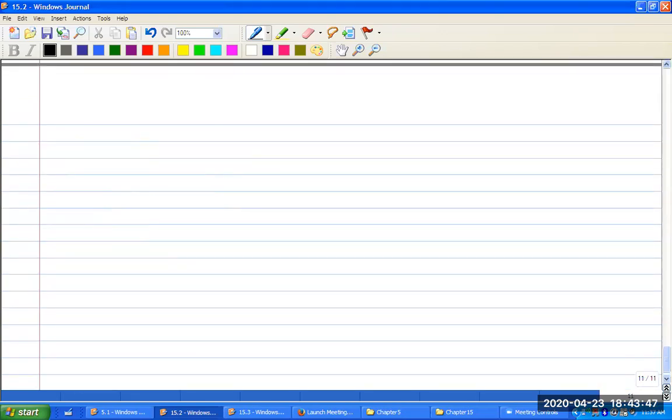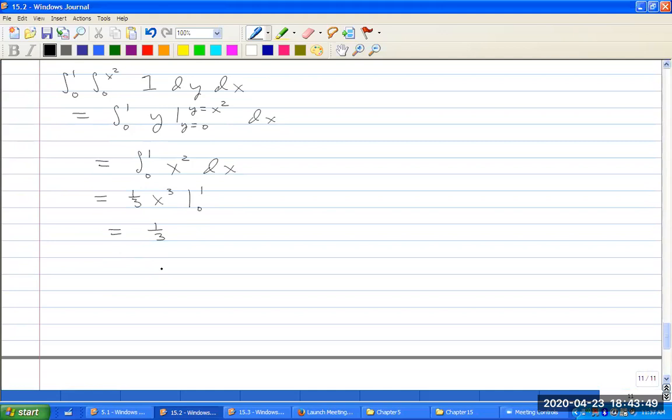Let's do the next integration. From 0 to 1, and 0 to x squared, of x sine y, dy dx. Okay, so let's do that integration. So this is going to be the integral between 0 and 1.